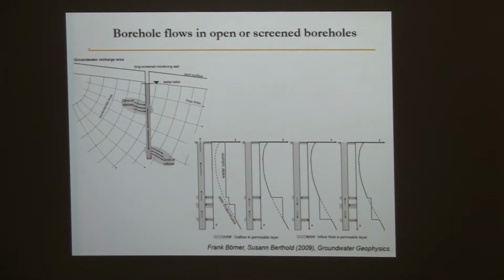In that case, if the hydraulic head varies with depth, you would have some flow in the borehole, and due to that flow you can usually use heat or temperature very easily to track this flow. You have several examples here that show that if you have, for instance, some fracture, then with upward flow you would expect some deformation of the temperature variation with depth, that will reveal the presence of inflow or outflow that are easy to interpret.